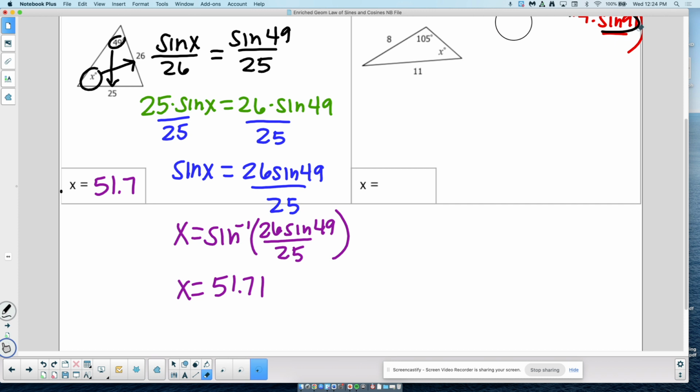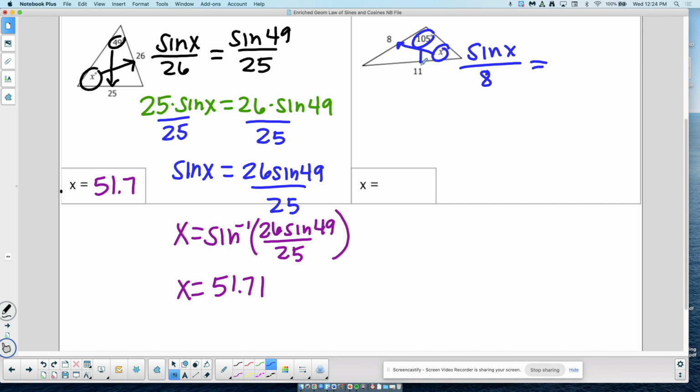Okay, and then our last one here. Same song and dance, starting with my variable. Sine of x over 8 equals sine of 105 over 11.